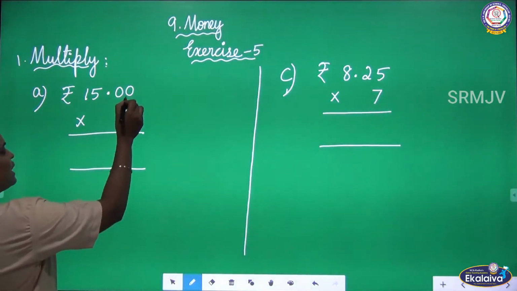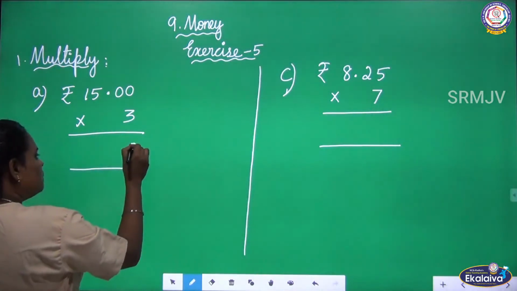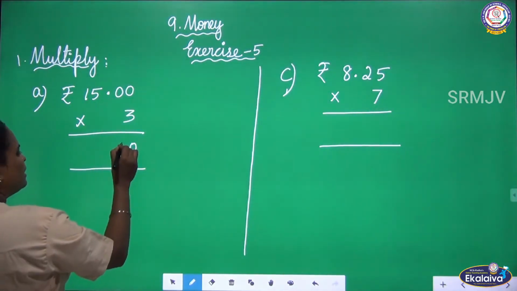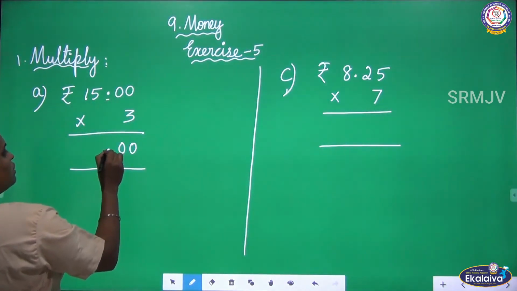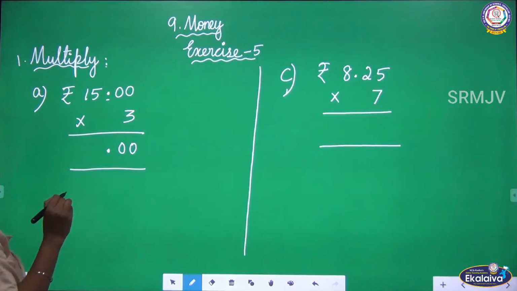So 3 zeros are 0. Next 3 zeros are 0, then after 2 digits put the dot, then 3 5s are 15.